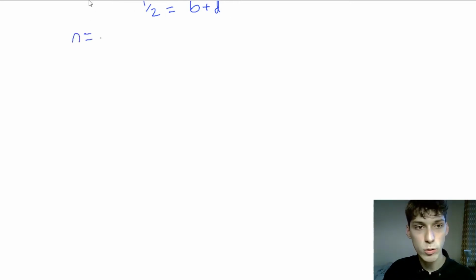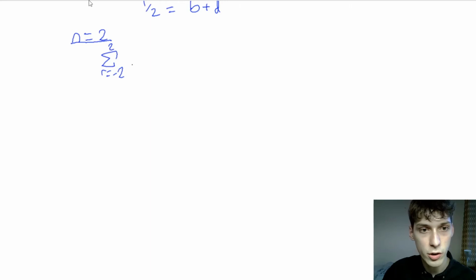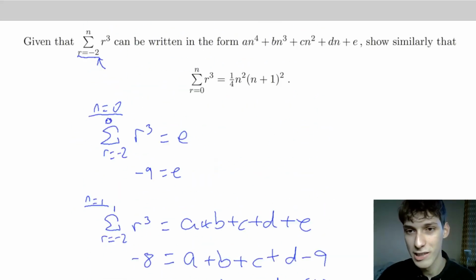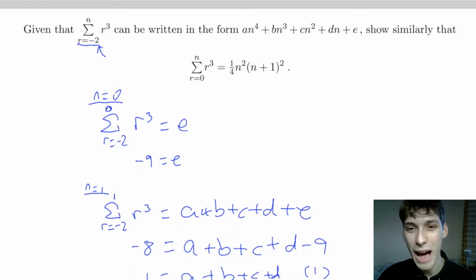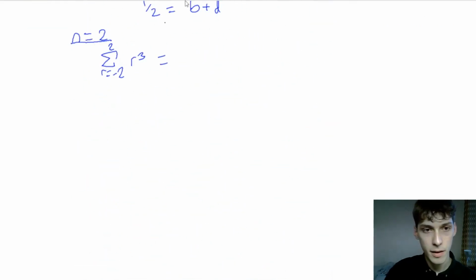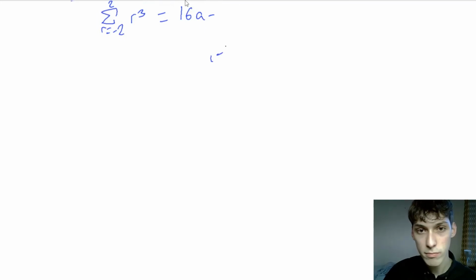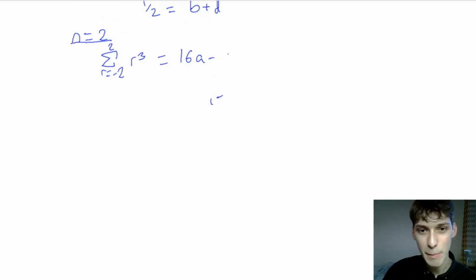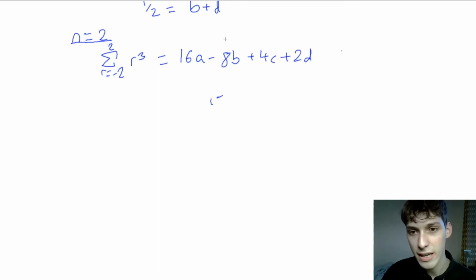So yeah, n is equal to 2, let's do first. So we have the sum from r is equal to minus 2 to 2 of r cubed is equal to, okay, let's have a look at what this right hand side is going to be. We have 2 to the 4, which is equal to 2, 4, 8, 16, and then the others follow. So we have 16a plus 8b plus 4c plus 2d plus e.